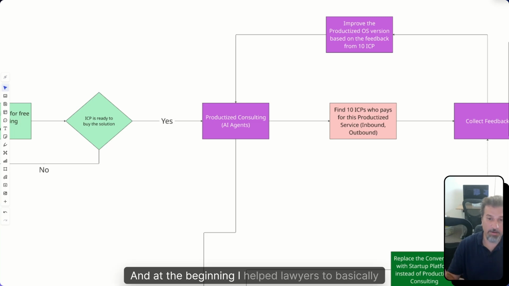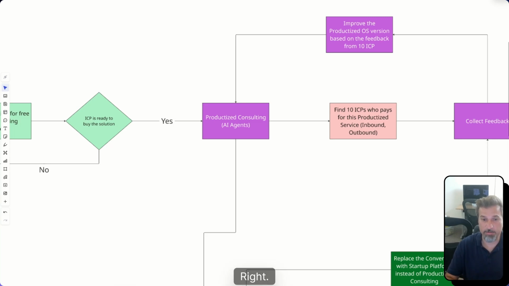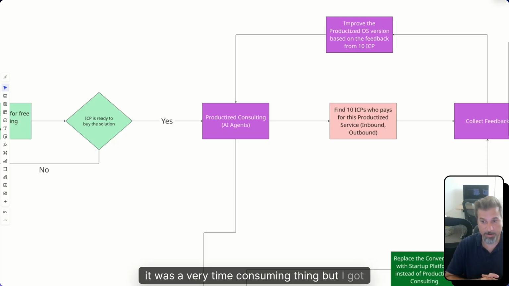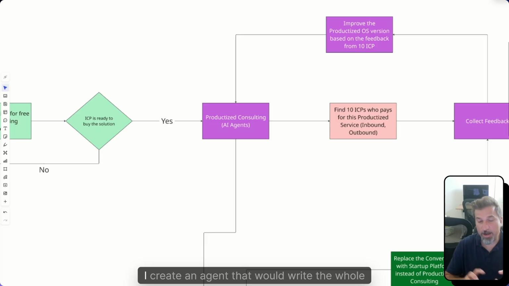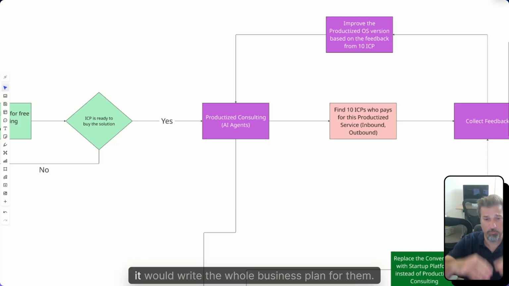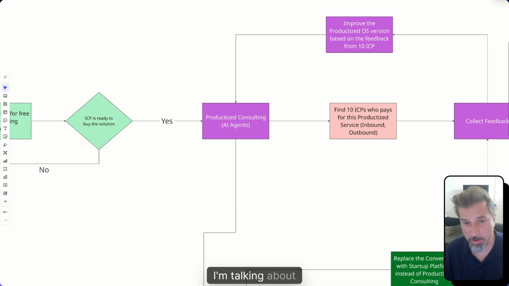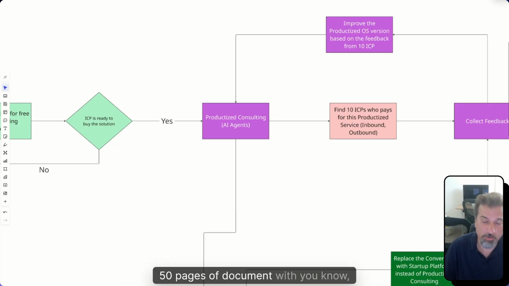And at the beginning, I helped lawyers by writing their business plans, right? It was a very time-consuming thing, but I got enough feedback from people. And once I did that, I created an agent that would write the whole business plan. Once the user provides the input data, it would write the whole business plan for them. I'm talking about 40, 50 pages of document with graphs and everything.